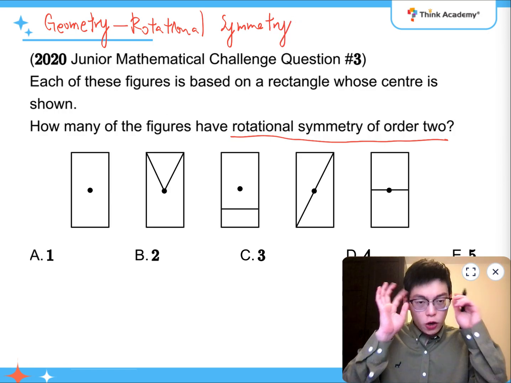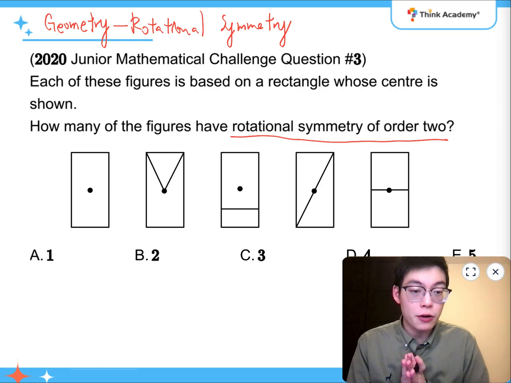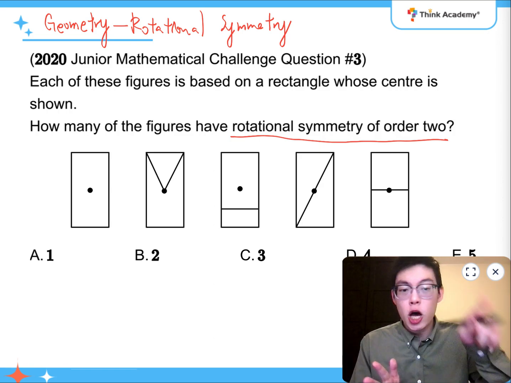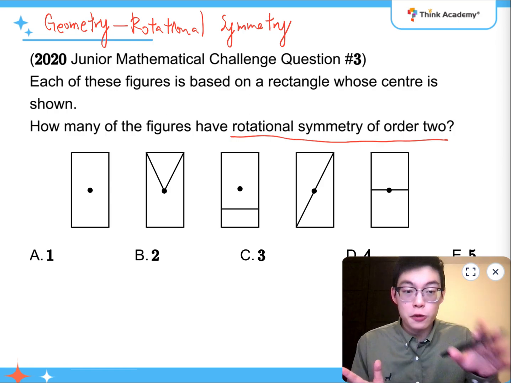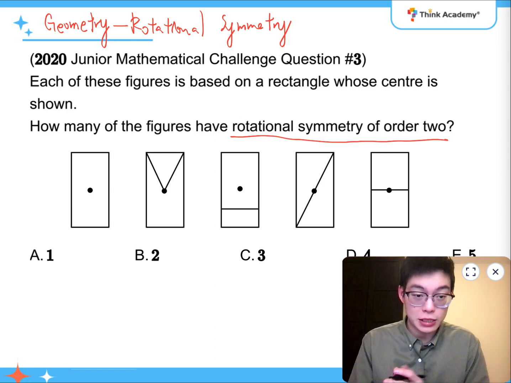So what is the order of rotational symmetry? Basically, it is just the number of times that the shape is overlapping itself while it's rotating for a full turn. So basically, for example, the most common example would be a rectangle, for example.